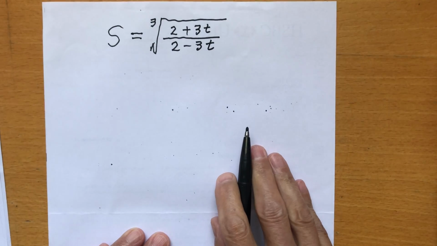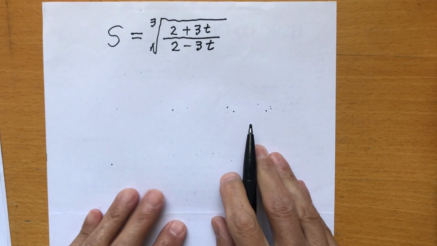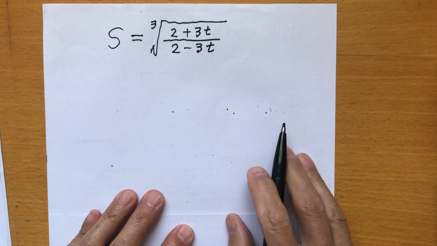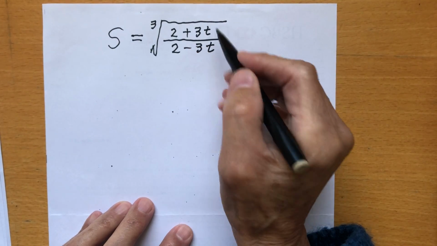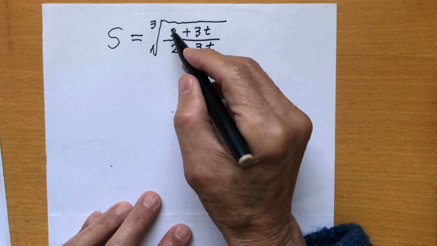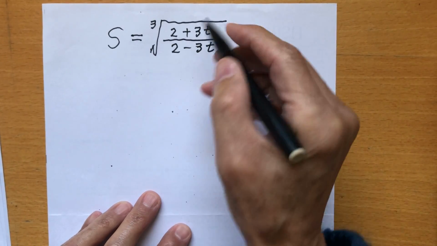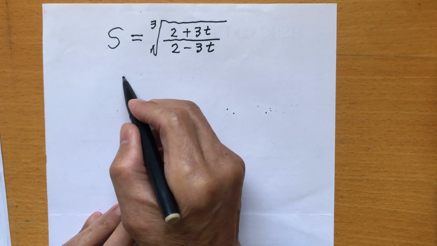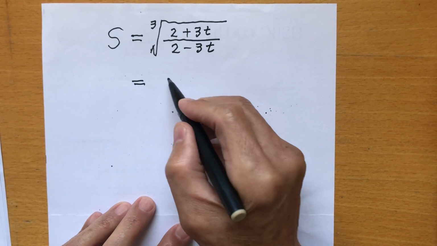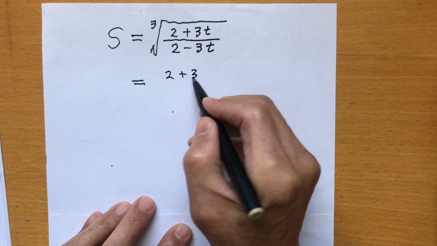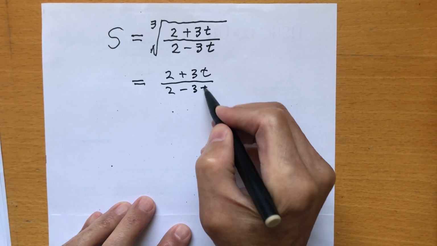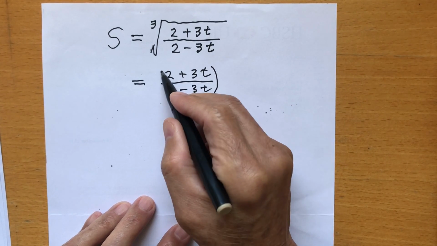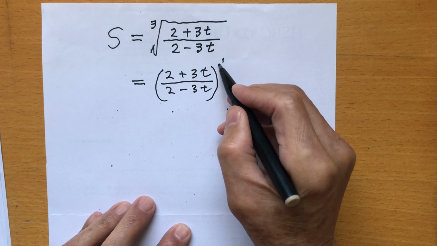So what is the derivative? Now, from my personal preference, I like to change this to an exponent. The whole thing goes to the 1/3 exponent. So I rewrite it. The whole thing goes to exponent 1/3.